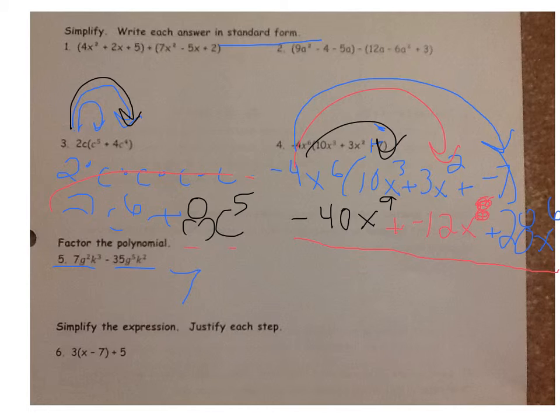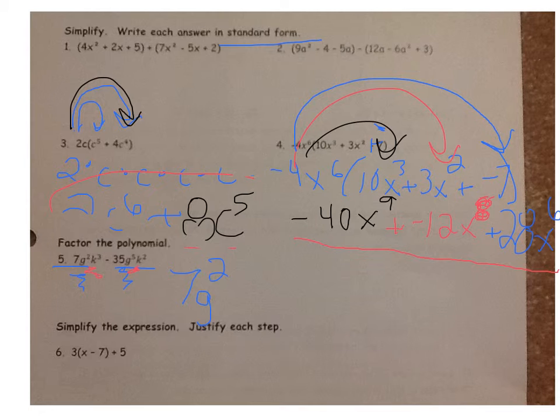Then I'm going to look at the next factors. G squared right here, and then g to the 5th over here. Well, I know that the largest factor they have in common is g squared. So I'm going to place that right there. And then the next thing I need to think about is the k's. This is k times k times k, k to the third, and this one's only k times k, k squared.